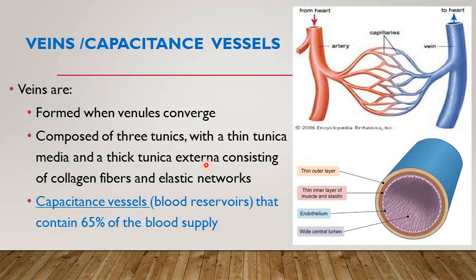The tunica externa, which is the tunica adventitia, consists of collagen fibers and elastic fibers, and it is more thickened in the veins as compared to the arteries. So it has more collagenous fiber in the tunica adventitia. Because these are the capacitance vessels and reservoir vessels, they have to expand and allow the pooling of venous blood into the veins.